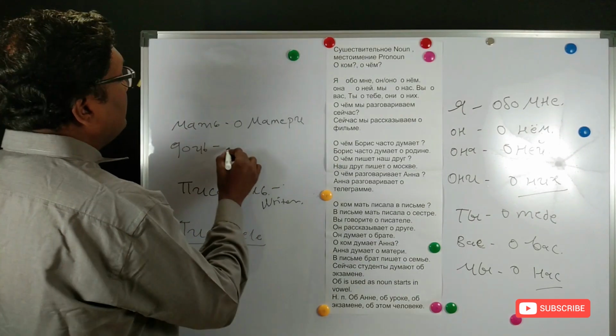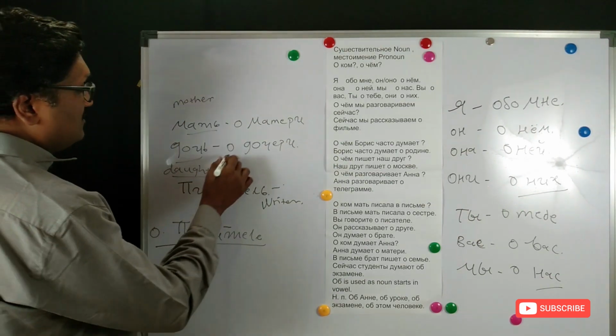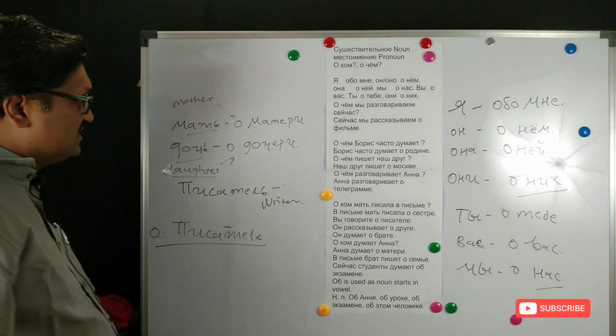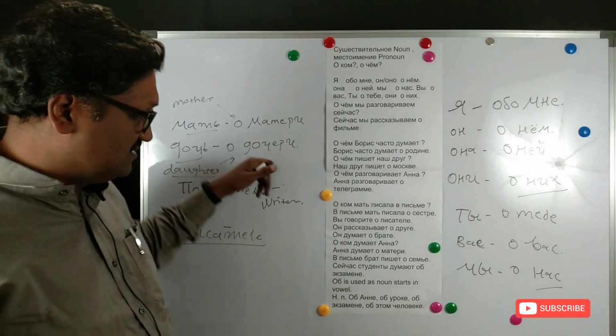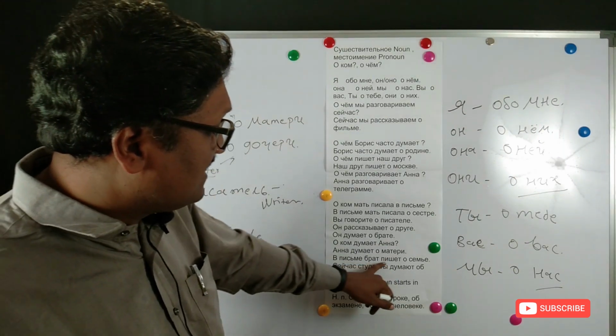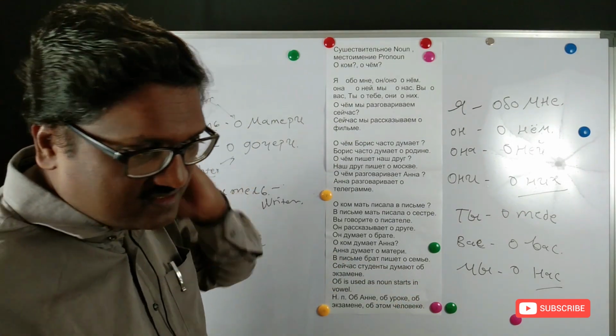Mother and daughter take the forms materi and docheri. Mat, materi, doch, docheri. This is another exception in this prepositional case. Anna dumayet o materi. V pisme brat pishet o semye. In the letter, brother is writing about the family.